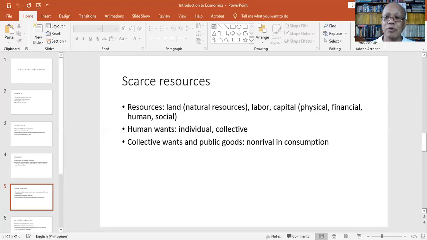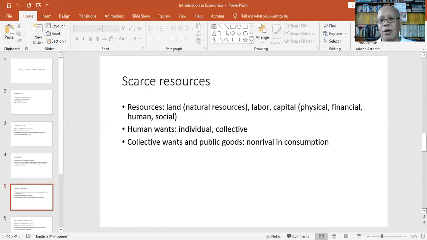But the provision of necessary public goods, such as clean air, environmental cleanup, public order, peace and order, administration of justice, and security in the country's borders and the like, are more efficiently provided for by government, where government is able to impose taxes on all citizens and then use the taxes to finance these particular public goods.